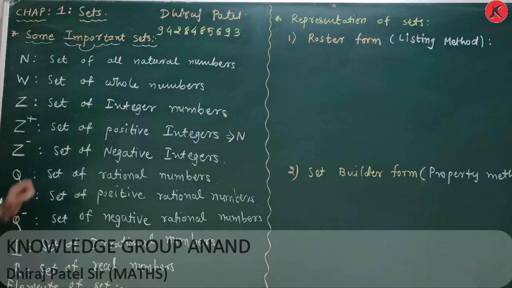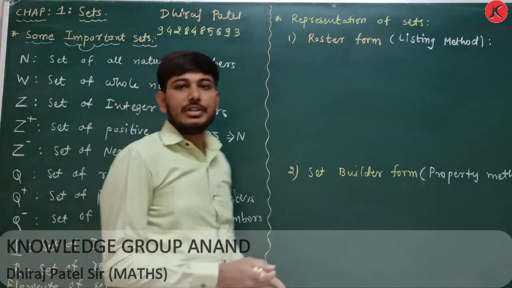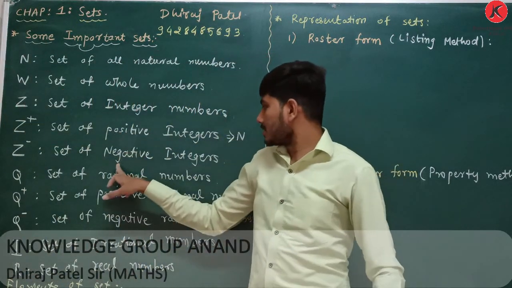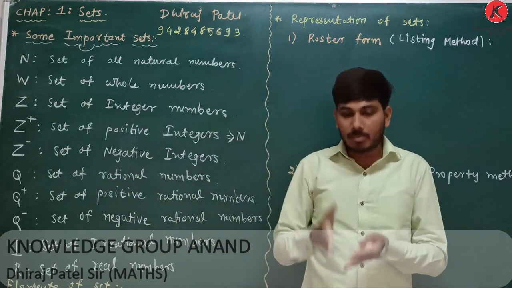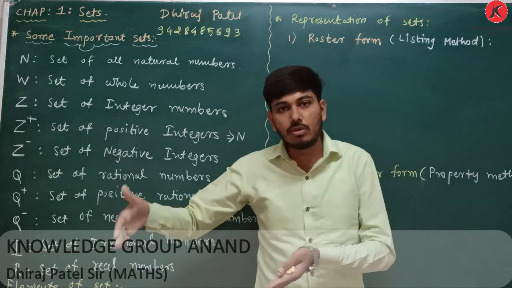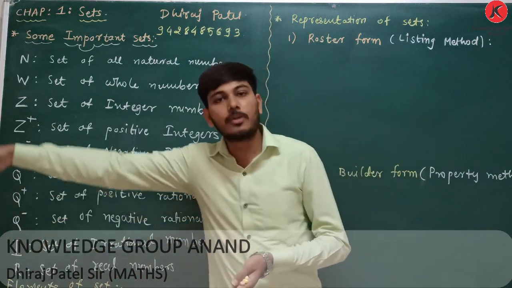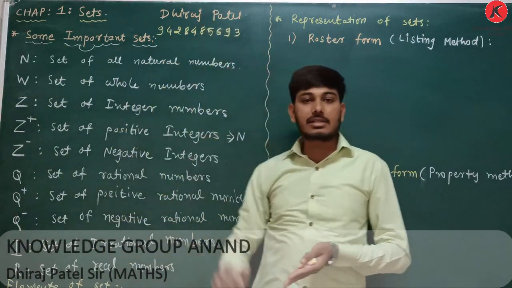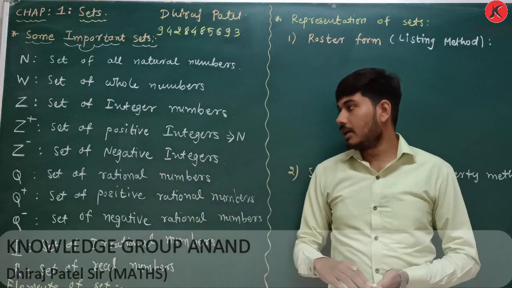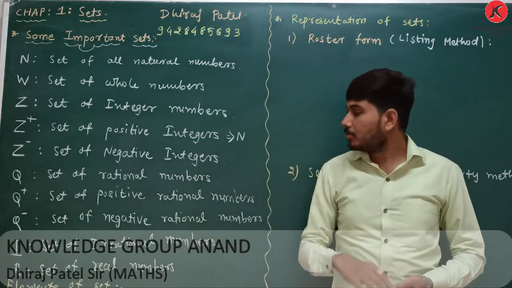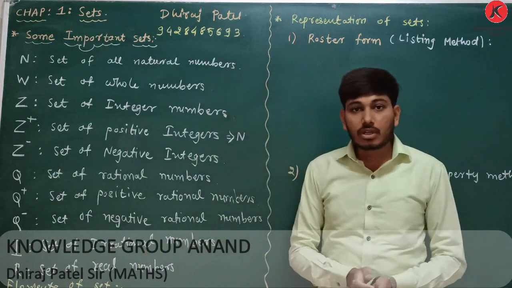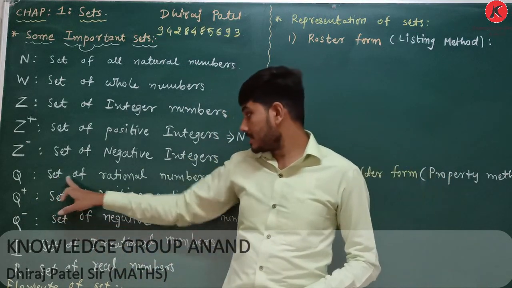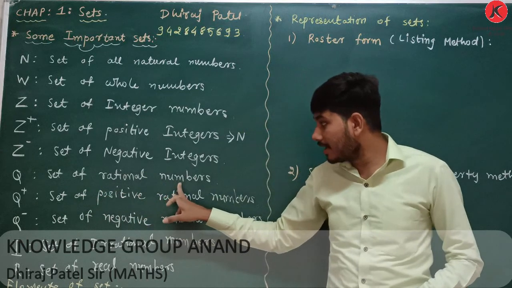Now, Z minus, the set of negative integers. Which are negative integers? Minus 1, minus 2, minus 3, minus 4 up to minus infinity. They are negative integer numbers. Now, Q. What is Q? This is the set of rational numbers.